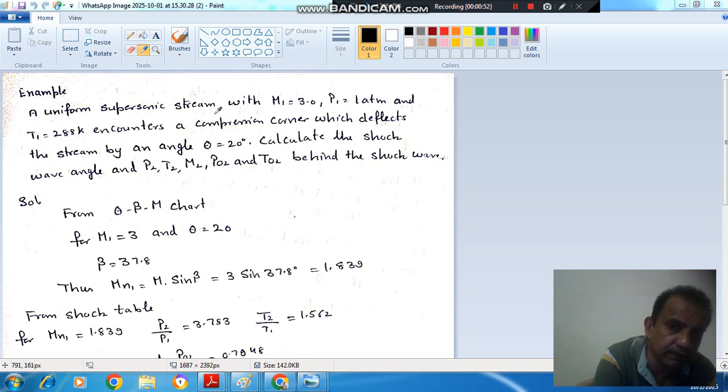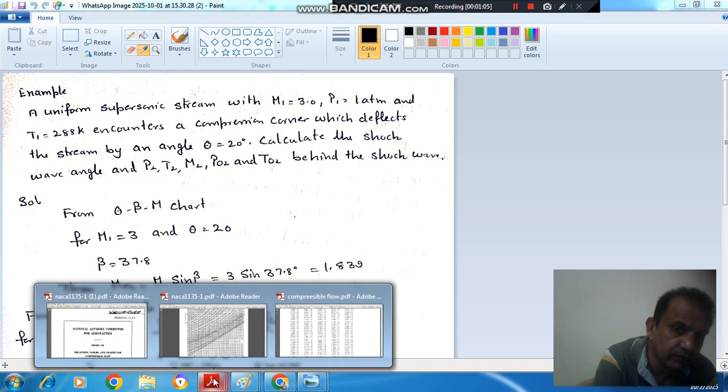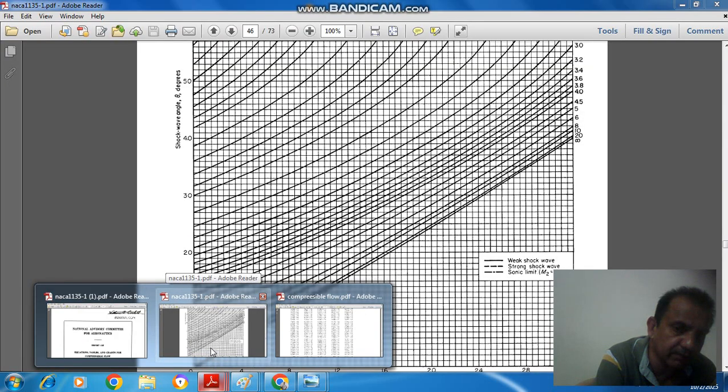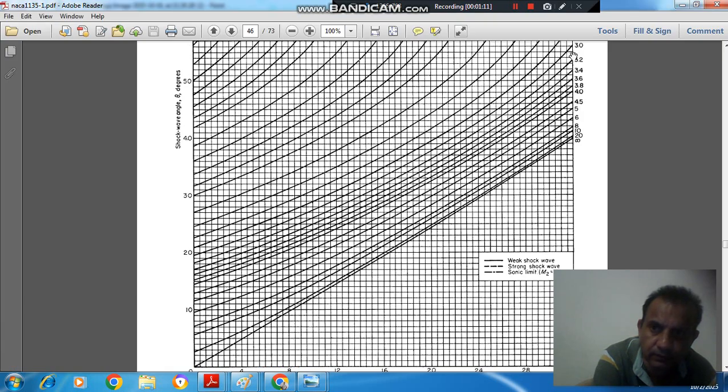So first of all, this is your Mach number M equal to 3, initial Mach number, and initial pressure is 1 atmosphere and temperature is 288 Kelvin. For M equal to 3, initial Mach number, this is your theta-beta chart.